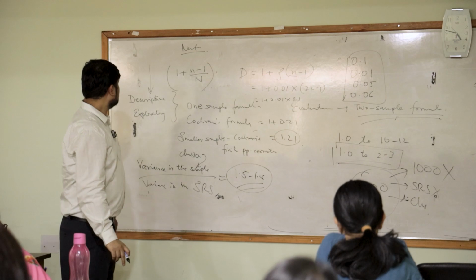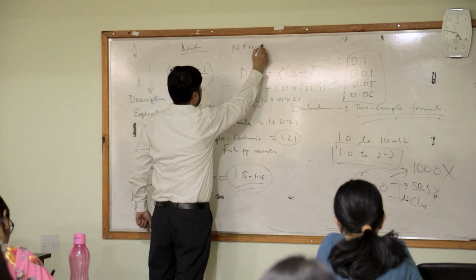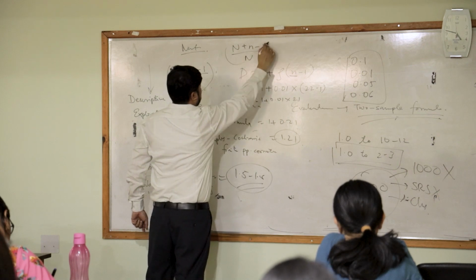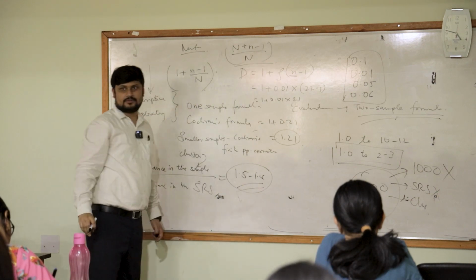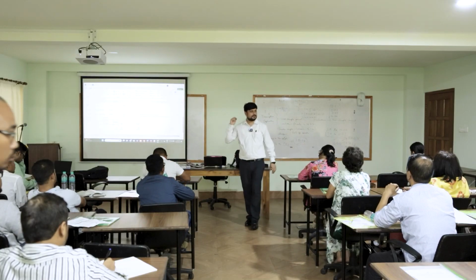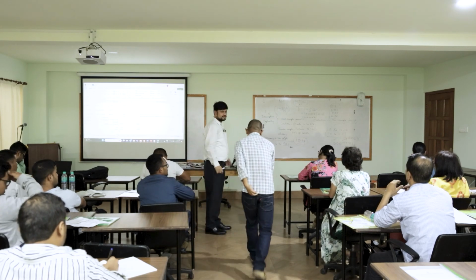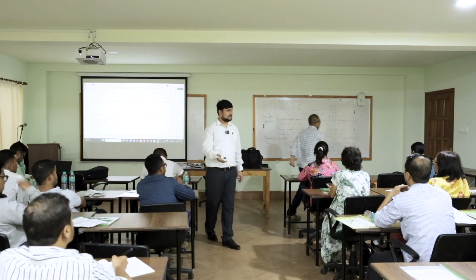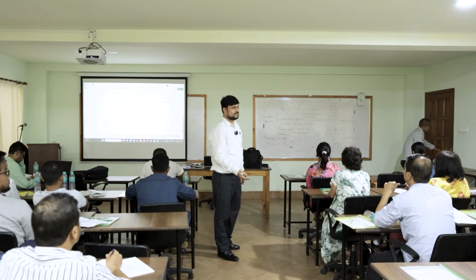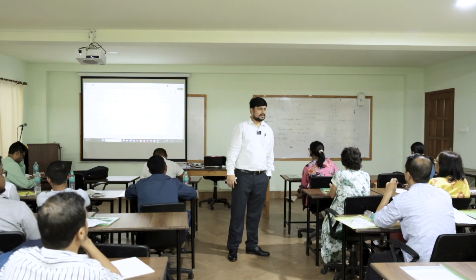Okay, so if you do this, it will be n plus n minus 1 by capital N. This is basically what goes into the denominator, right? What we did for the previous sample size calculation. This will give you a smaller value. If you are going ahead with 100 schools, it will give you some 80 schools, 70 schools, 60 schools, whatever, right?